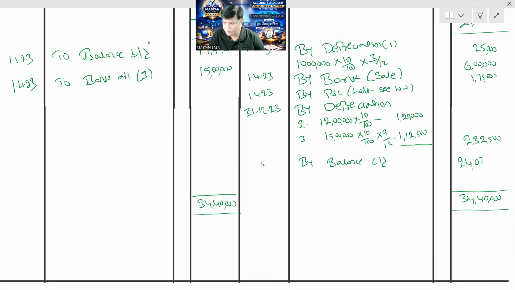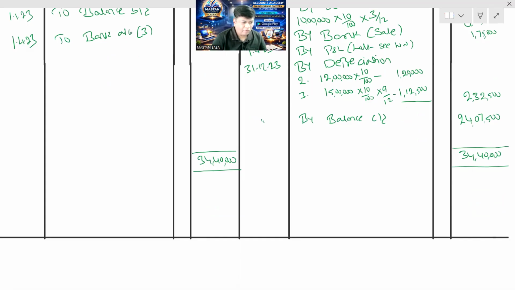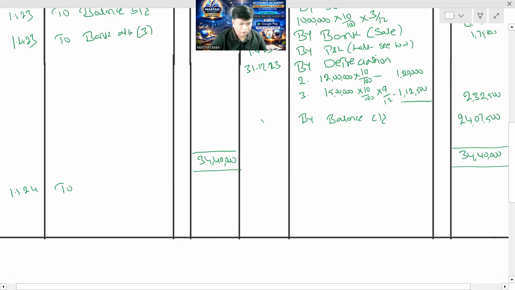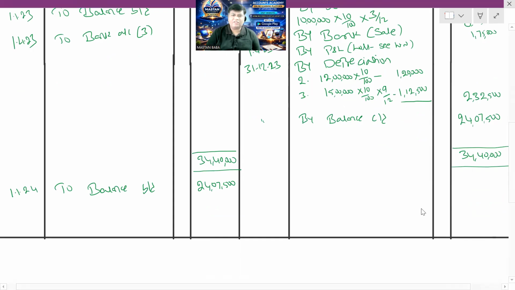And just write it here on 1/1/2024, to balance brought down 24 lakh 7,500. And dear students, it indicates that the value of second and third motor vehicle as on 1/1/2024 is 24 lakh 7,500. So just let's revise the answer.